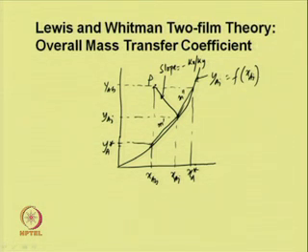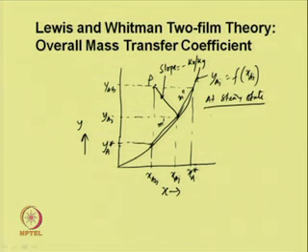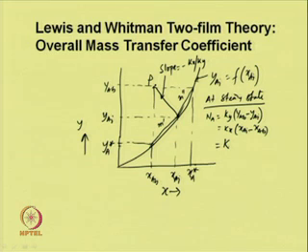Then at steady state we can write N A is equal to k y into y A B minus y A I, is equal to k x into x A I minus x A B, and also is equal to capital K y into y A B minus y A star.